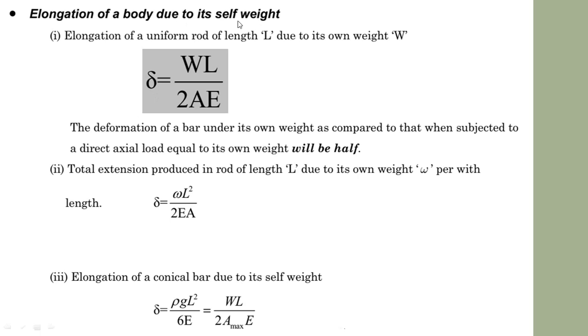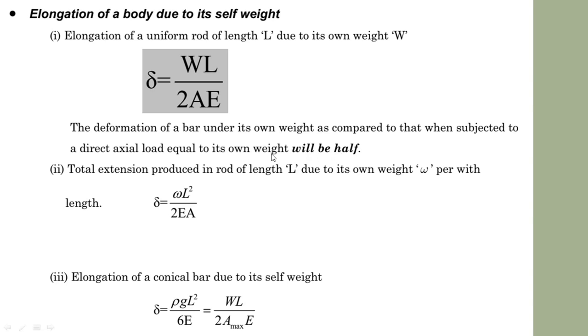Elongation of a uniform rod of length L due to its self weight W is equal to WL by 2AE, instead of PL by AE. The deformation of a bar under its own weight, compared to that when subjected to a direct axial load equal to its own weight, will be half.